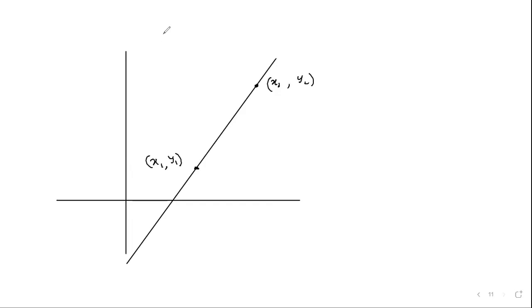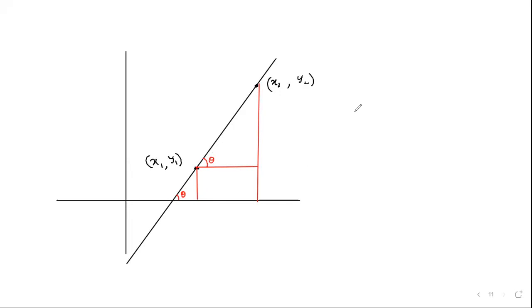What you do is, I'll make a small diagram. Suppose this angle is theta. Then this angle also would be theta, right?